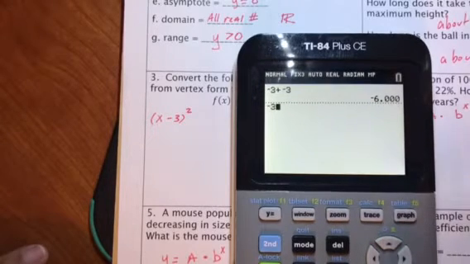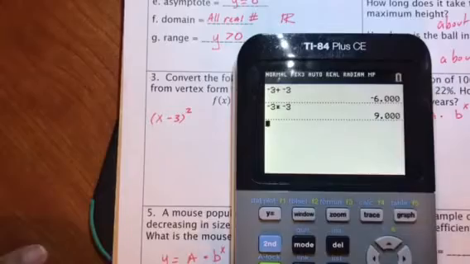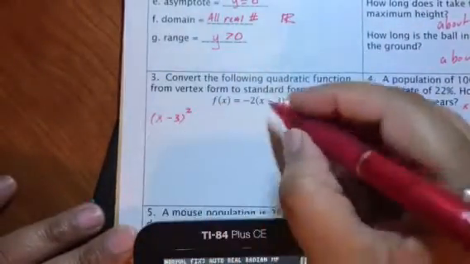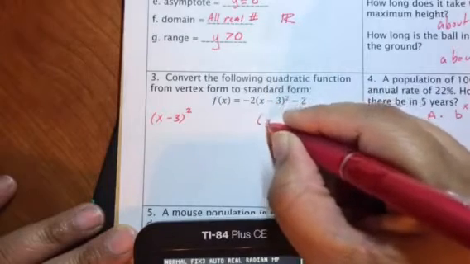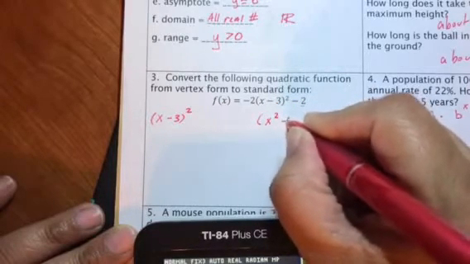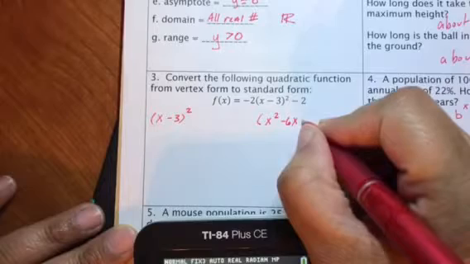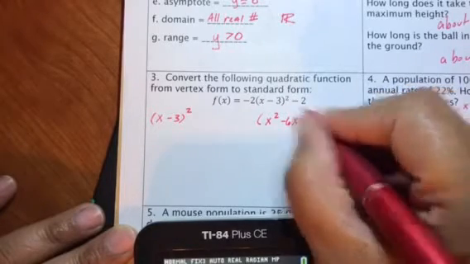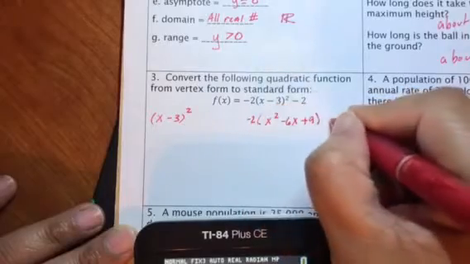And then -3 times -3 gives us 9. So basically what this comes out to be is x squared minus 6x plus 9. Distribute the -2.